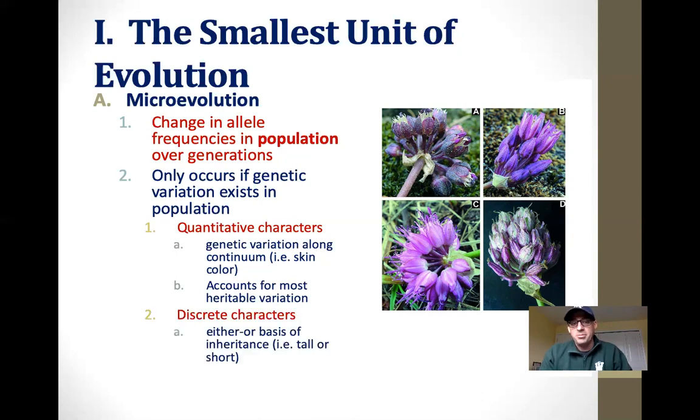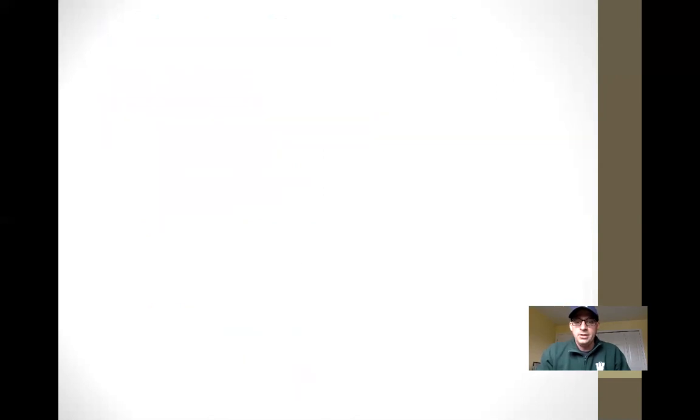Most of our traits are polygenic. There are also what we call discrete characters, where you are either tall or short. You are either red or white, if you're a flower, for example. Those are inherited on an either-or basis, and these are usually due to the actions of a single allele pair, one gene locus within the genome.